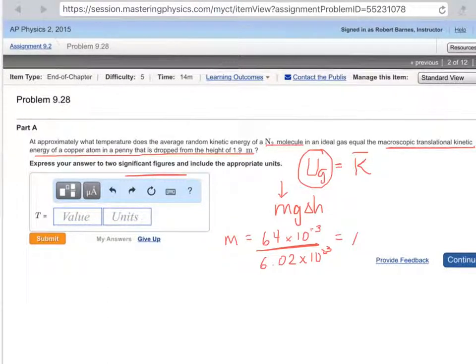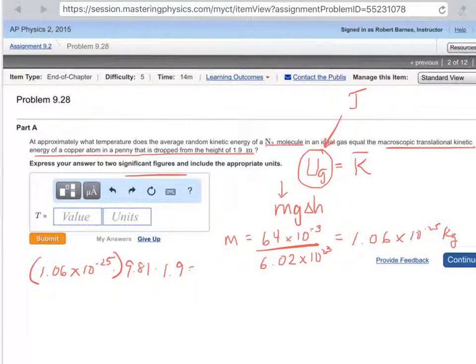Okay, that's 1.06 times 10 to the negative 25th kilograms, because we want our answer in joules, and to have the answer in joules, you have to have your mass in kilograms. So I'm going to have that 1.06 times 10 to the negative 25th times 9.81, since this is Mastering Physics and it probably wants an accurate number, so I'm not going to round off to 10.